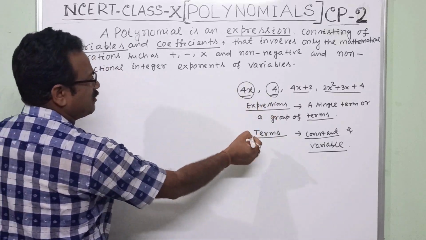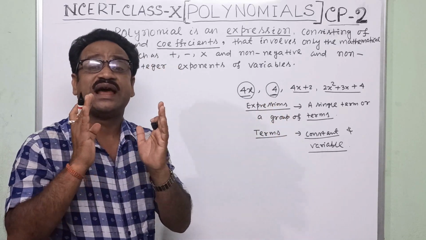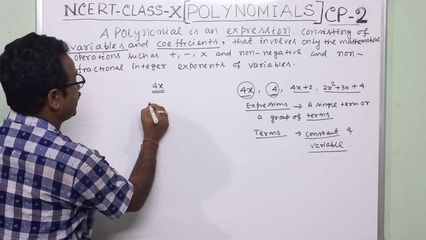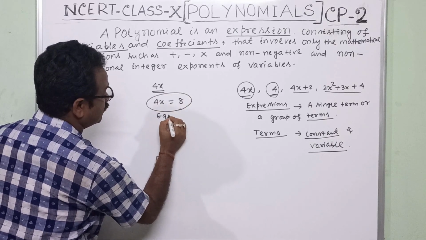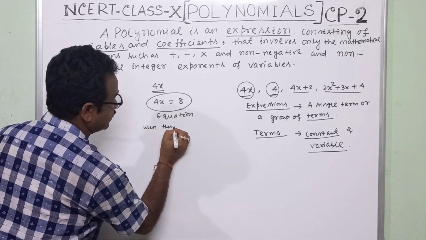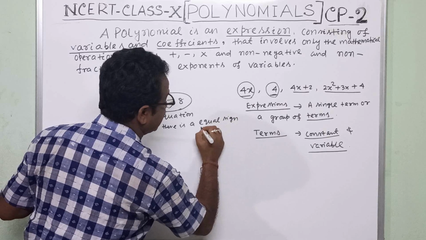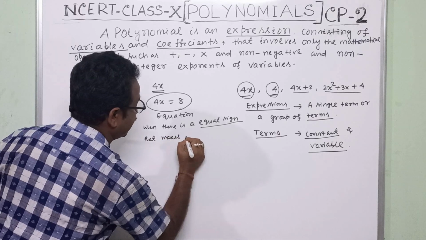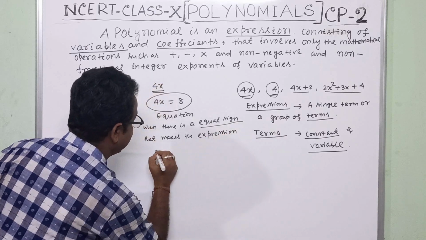First of all, we should know the difference between an expression and an equation. Suppose 4x is an expression. Given 4x is equal to 8, this is an equation. When there is an equal sign, that makes the expression an equation.